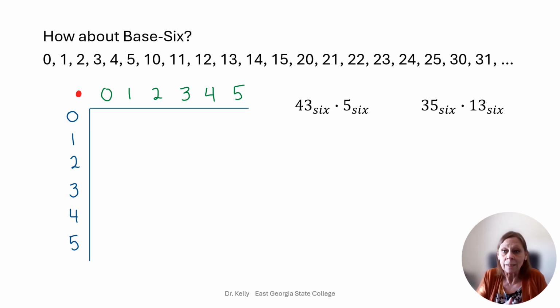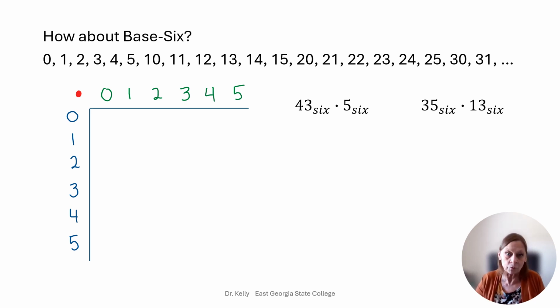Next is base 6. I'm going to leave base 6 for you. I think you can see how to come up with the table and how to make everything. I'll give you the answers, and you can work to getting it.